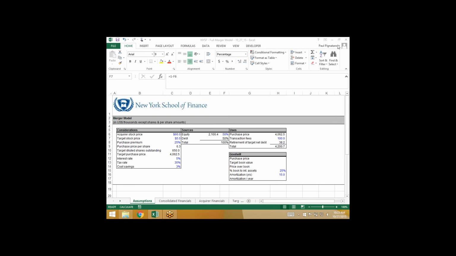Okay. And for the debt, it's also going to be equal to that 50% times the total uses. And these are our core assumptions.